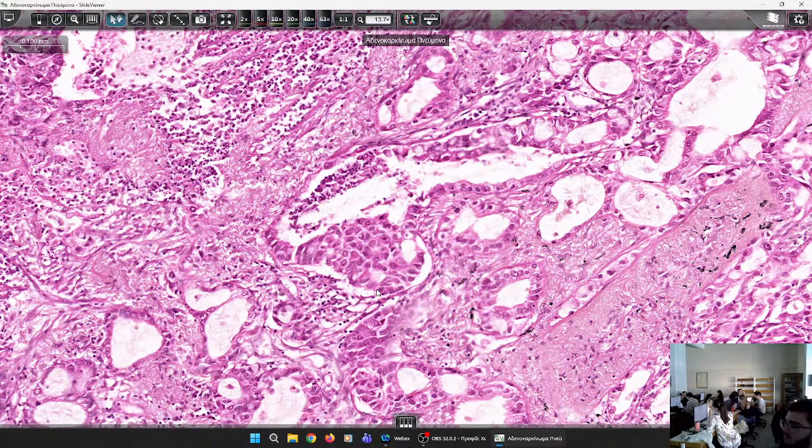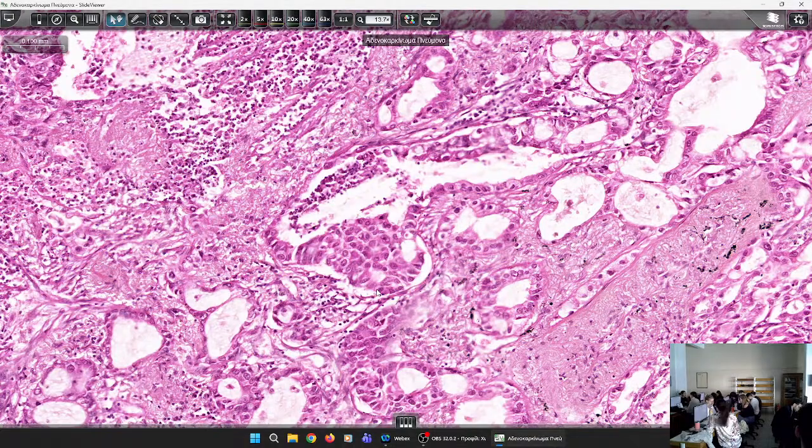So it comes from glandular epithelium. Since the malignancy derives from epithelium, it is a carcinoma, and since it comes from glandular epithelium, it is an adenocarcinoma. Now, in this area, the malignant glands are more or less easily separated from each other. This is a separate one.